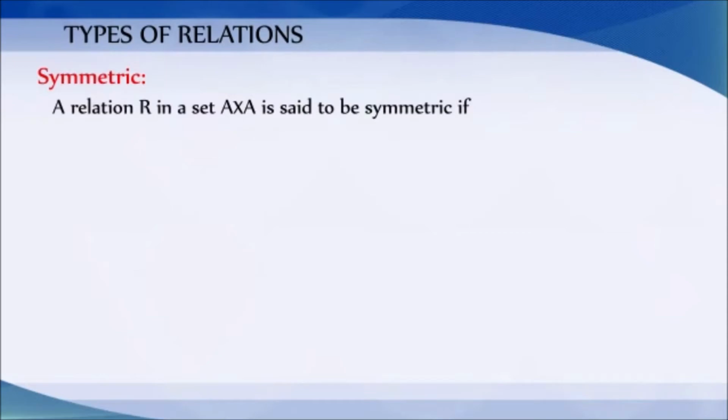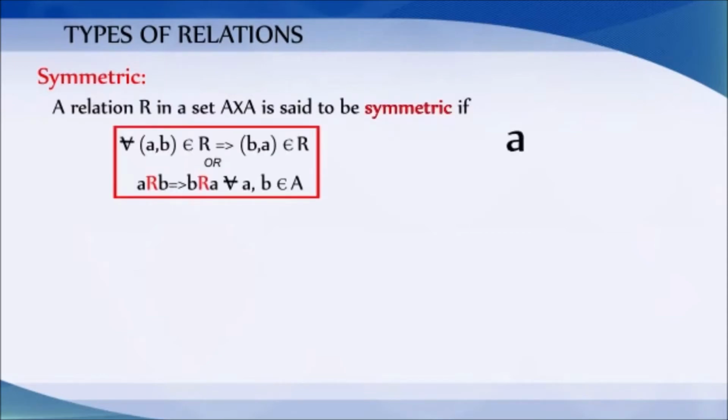Symmetric. A relation R in a set A cross A is said to be symmetric if for every (a, b) belongs to R, (b, a) also belongs to R. Or we can say a relates to b should imply b relates to a.